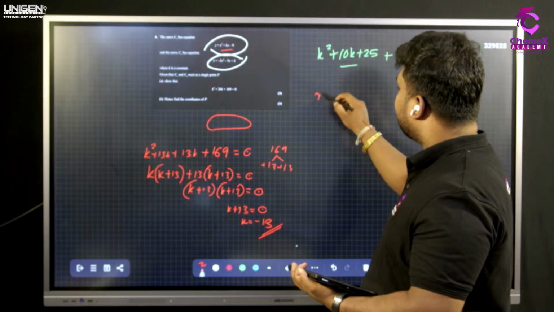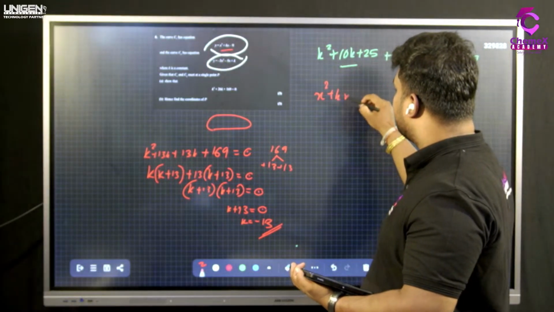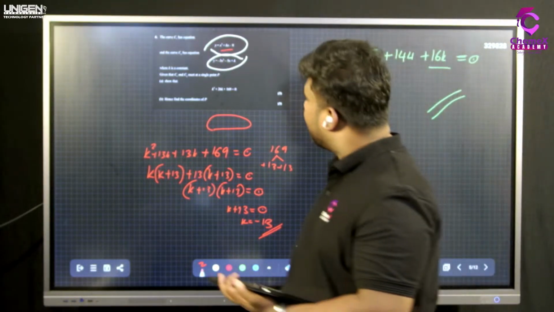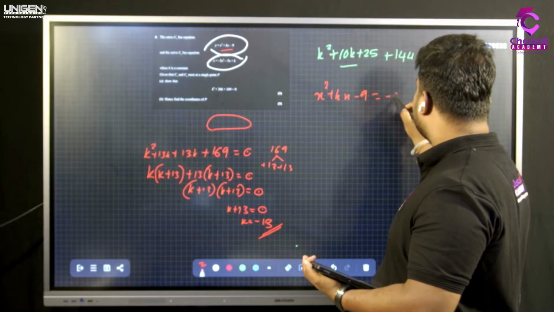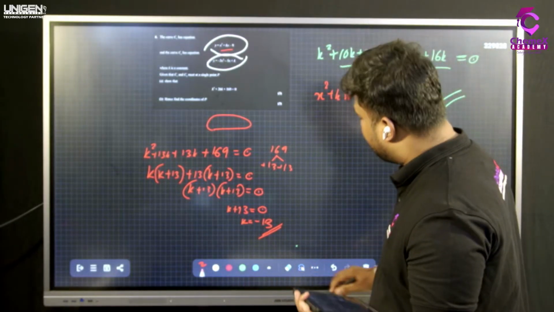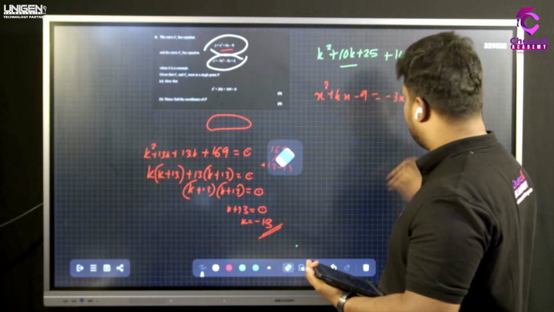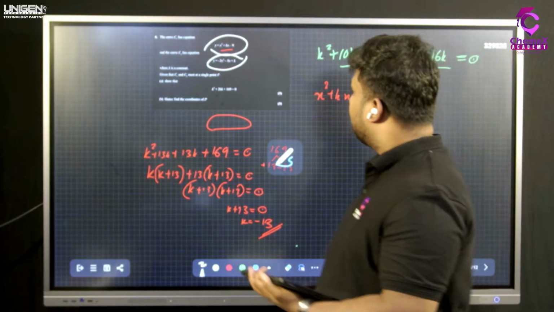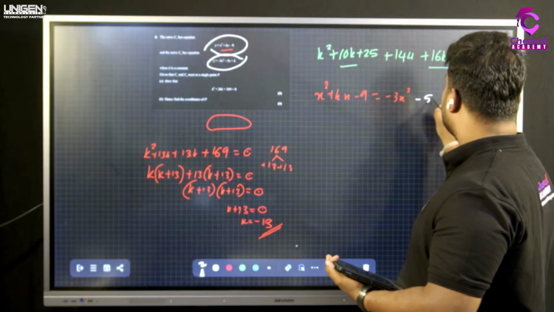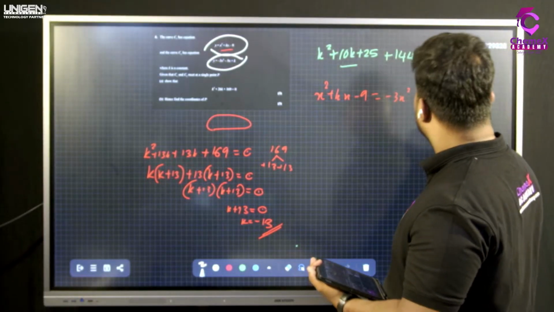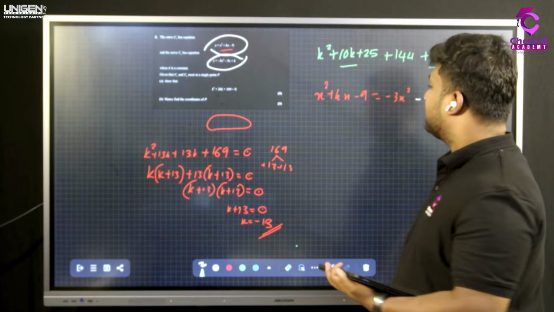What you took from here after equating both: x squared plus kx minus 9 was equal to minus 3x squared minus 5x plus k. That's the formula you used.